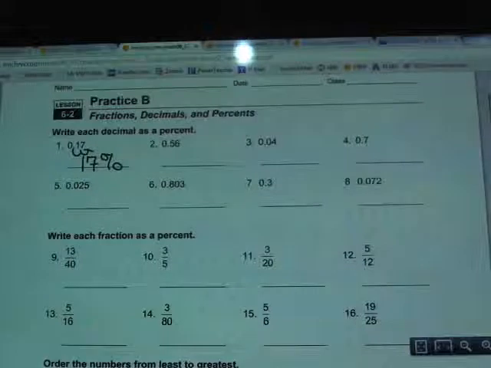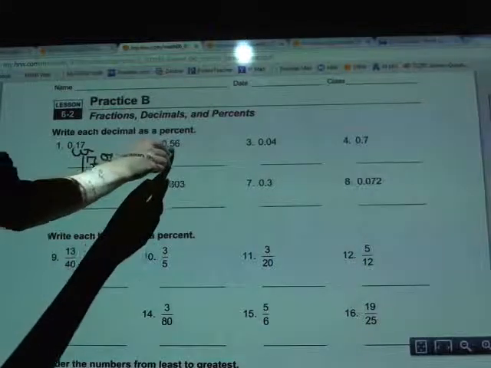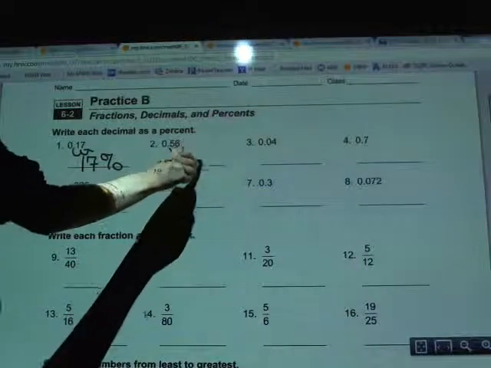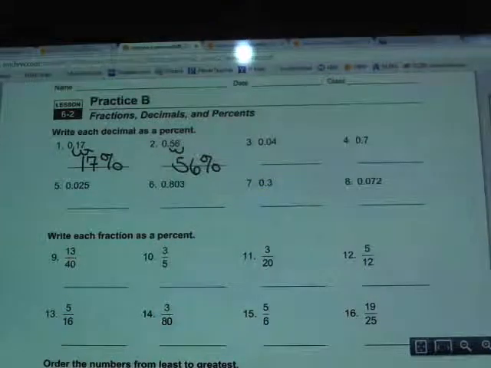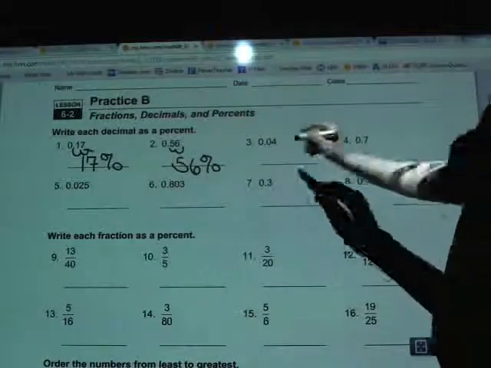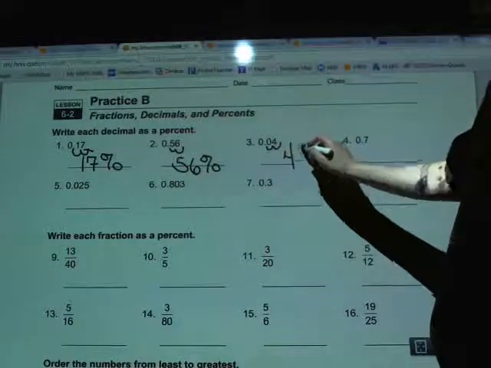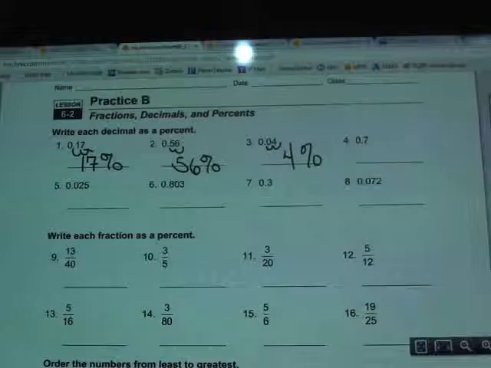In number 2, 0.56, again, we're going to move the decimal 2 times to the right. So we're going to end up with 56, and then we're going to add a percent sign after it, 56%. In number 3, with 0.04, we're going to move the decimal 2 times to the right, which is going to change this into 4, and then add a percent sign after it, 4%.